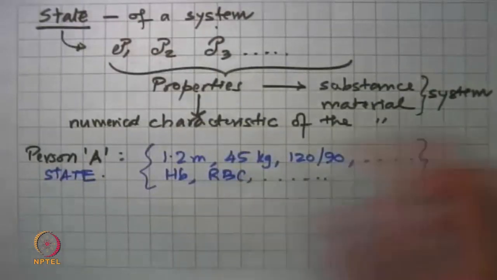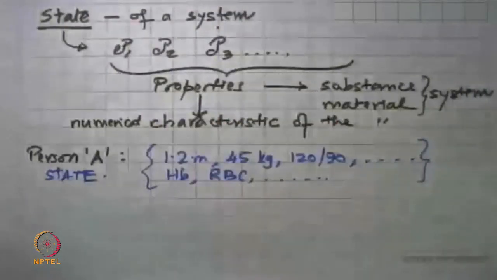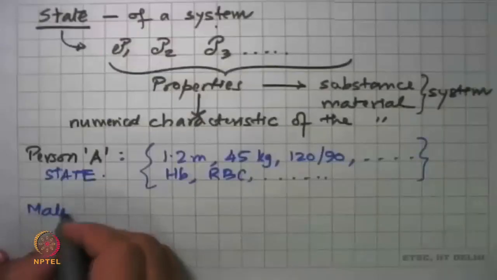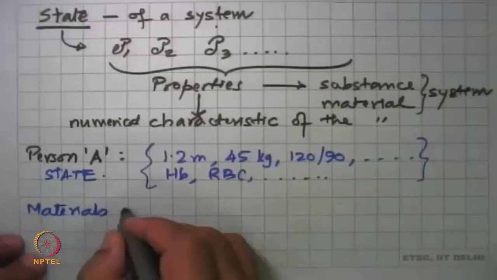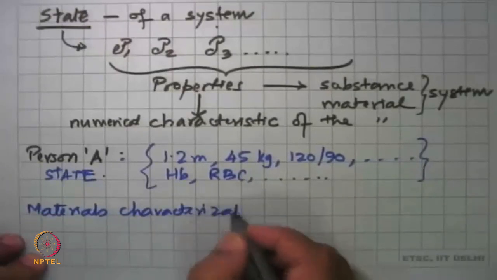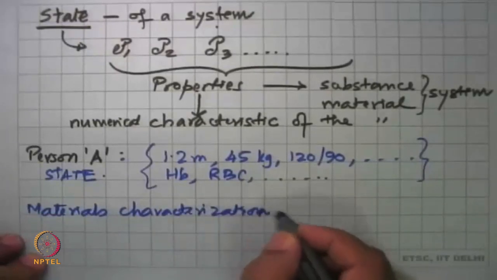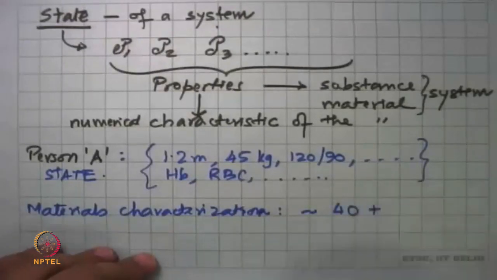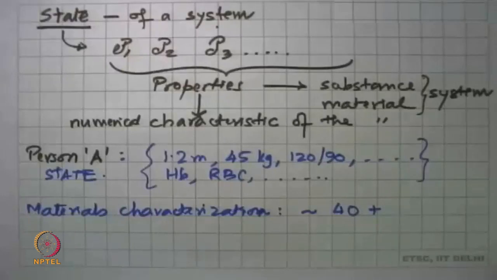What it's also telling us is, how many properties can I have? And the answer is that if you look up the way materials are characterized, besides the microstructure, you will come across about 40 odd properties of a substance.